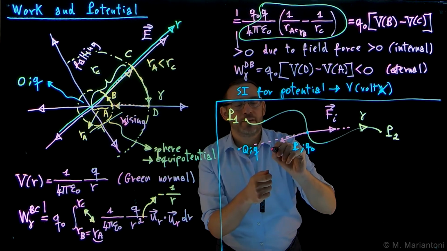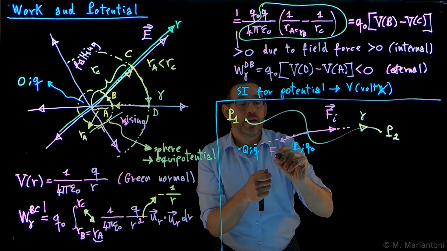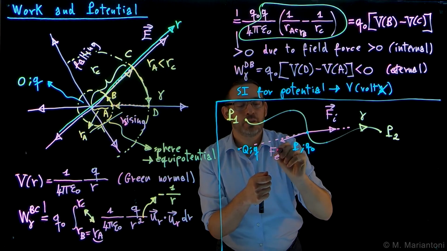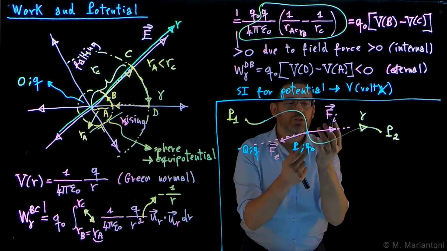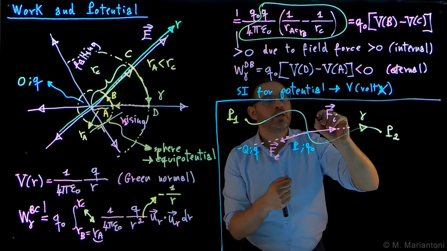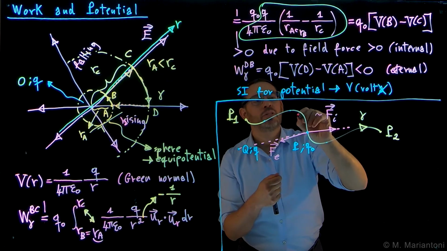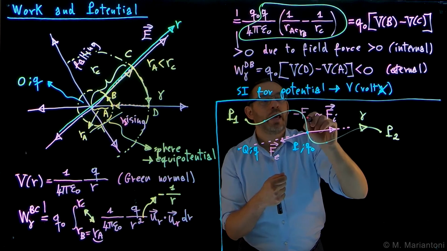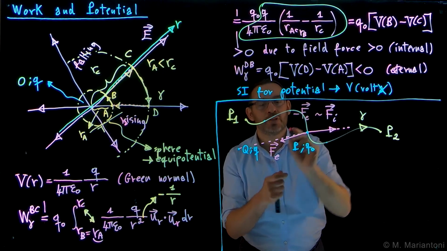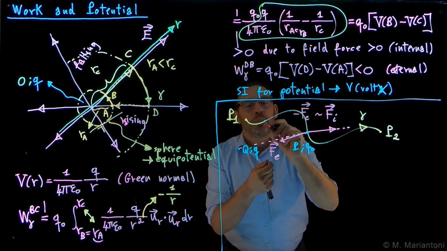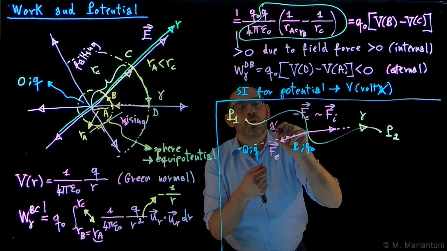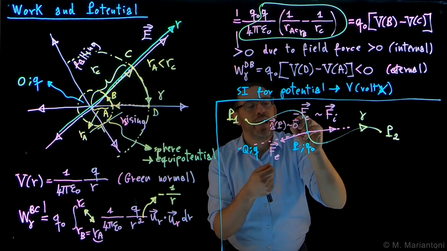So this external force F_E, E for external, is almost equal and opposite to F_i, the internal force. This little difference, I need it to have a tiny bit of a velocity, but basically the acceleration at each point, capital P, is approximately a zero vector, okay?